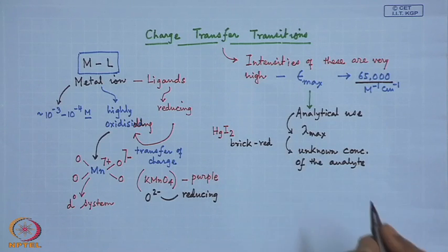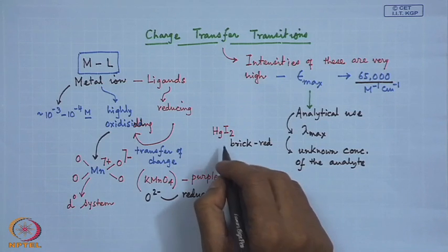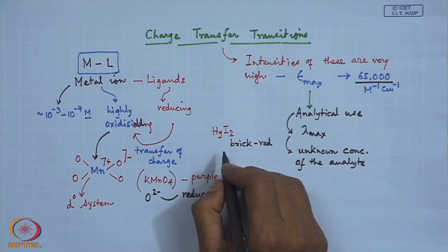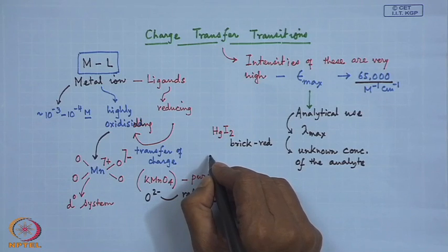So, we see that these colorations are in the visible region and they are highly intense. The intensity of these colors basically tells us that a charge transfer transition mechanism is operating between the metal center and the ligand.